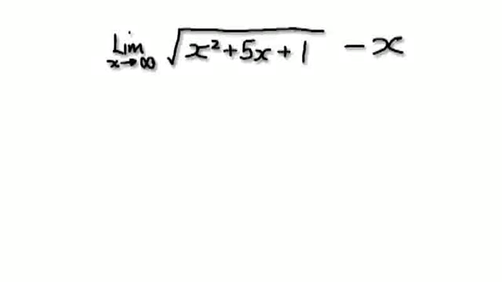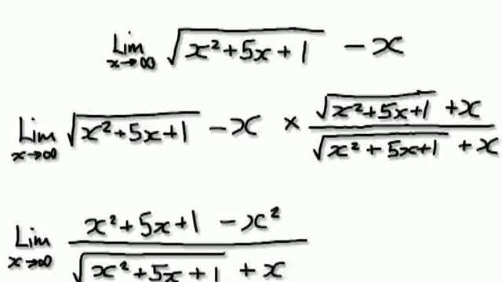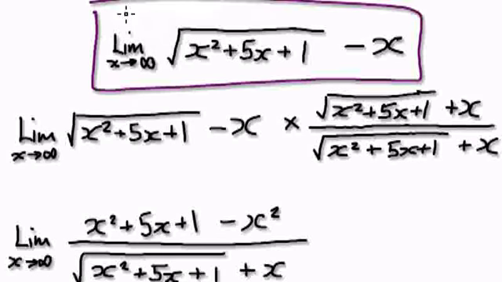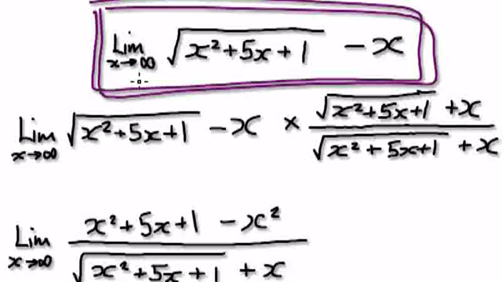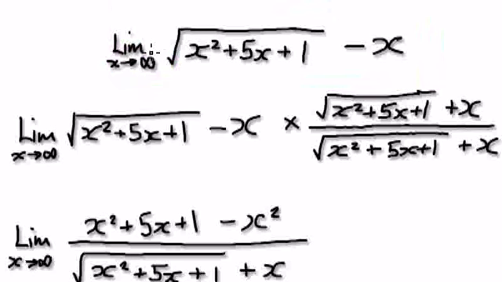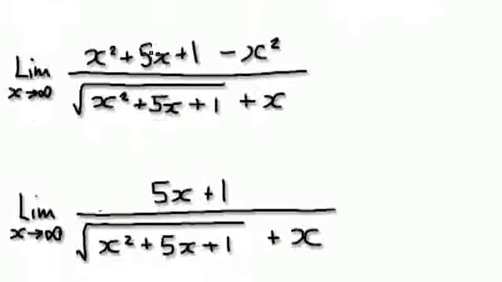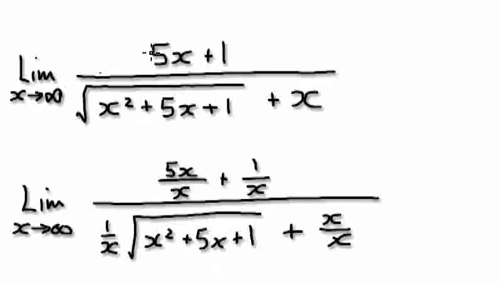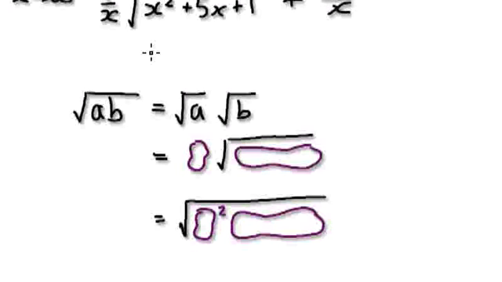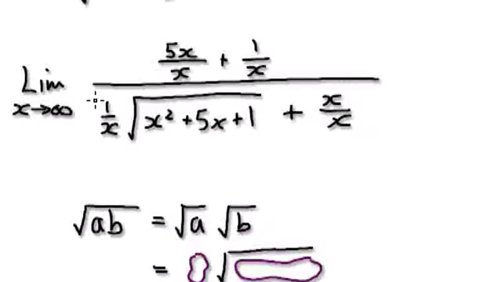Let me just scroll through the whole solution here. So here's the question: find the limit of this as x tends towards infinity. I'm just going to scroll through so that you can press pause if you want to look at it for yourself. The hard part is this bit here, understanding that you can actually take this into here.